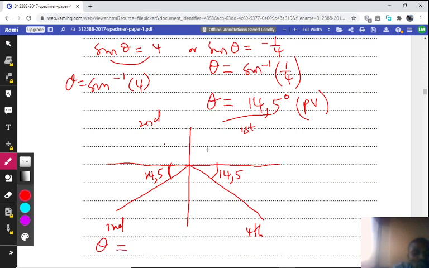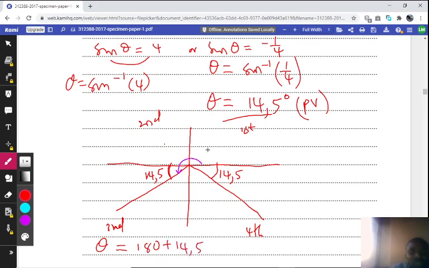You write theta equals, the first solution is the angle from the x-axis to the first line. What is the value of that angle? That one is actually 180 plus 14.5.